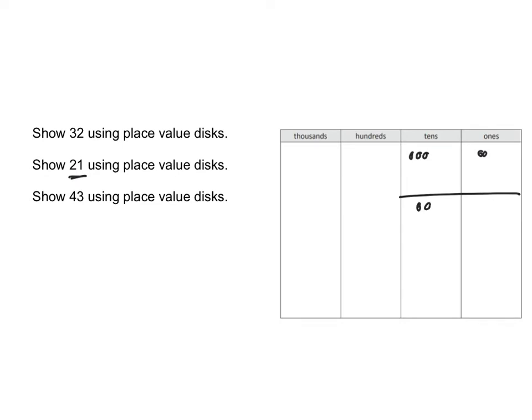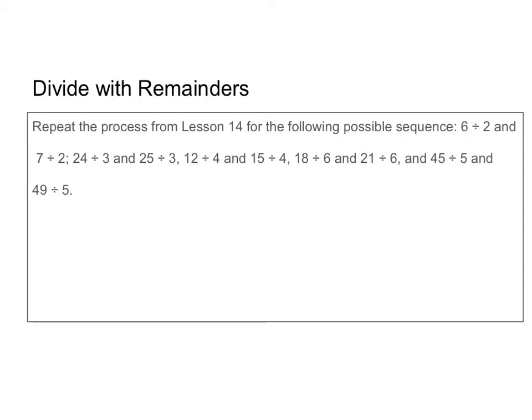That's 2 10s, and it's 1 1. 43, well, that's straightforward again. 4 10s and 3 1s. All of this should be very, very simple for you, since this is what we've been doing since the beginning of the year. But again, it's prep work for what is going to be coming next and for using it with division.